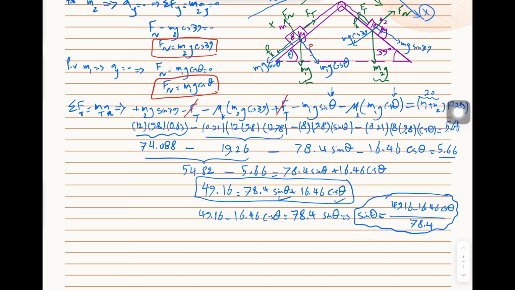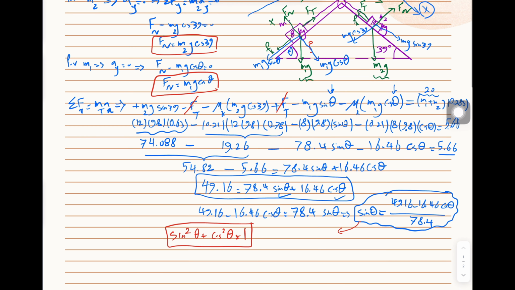So if you remember, one of the most common and practical trigonometric identities is this: sine squared theta plus cosine squared theta is 1. Now the only thing I need to do is, so I have sine theta here, then I can solve sine squared theta and then plug into this formula here.